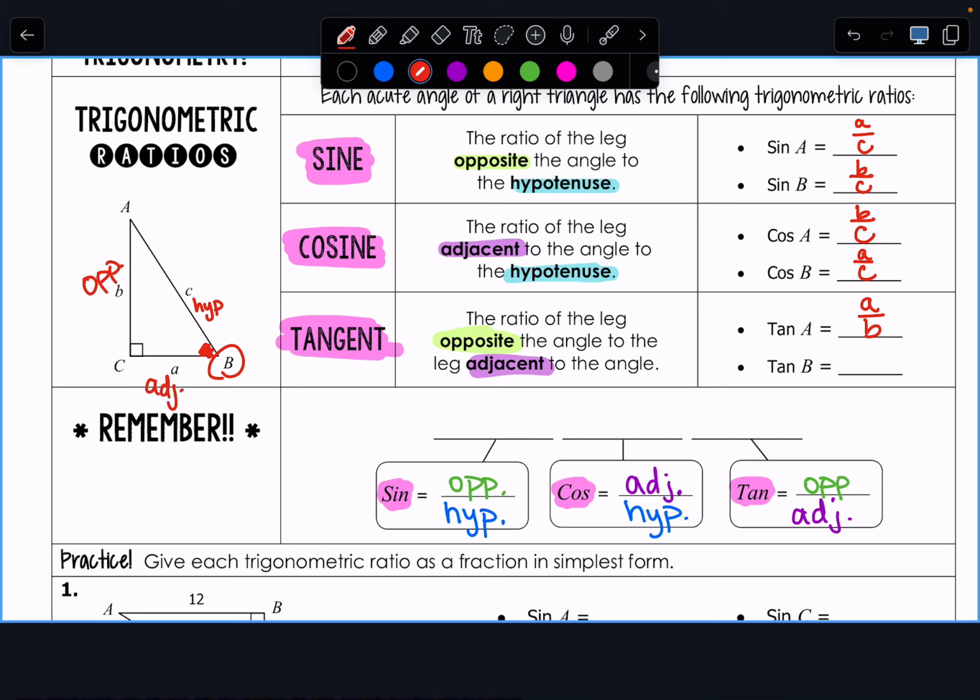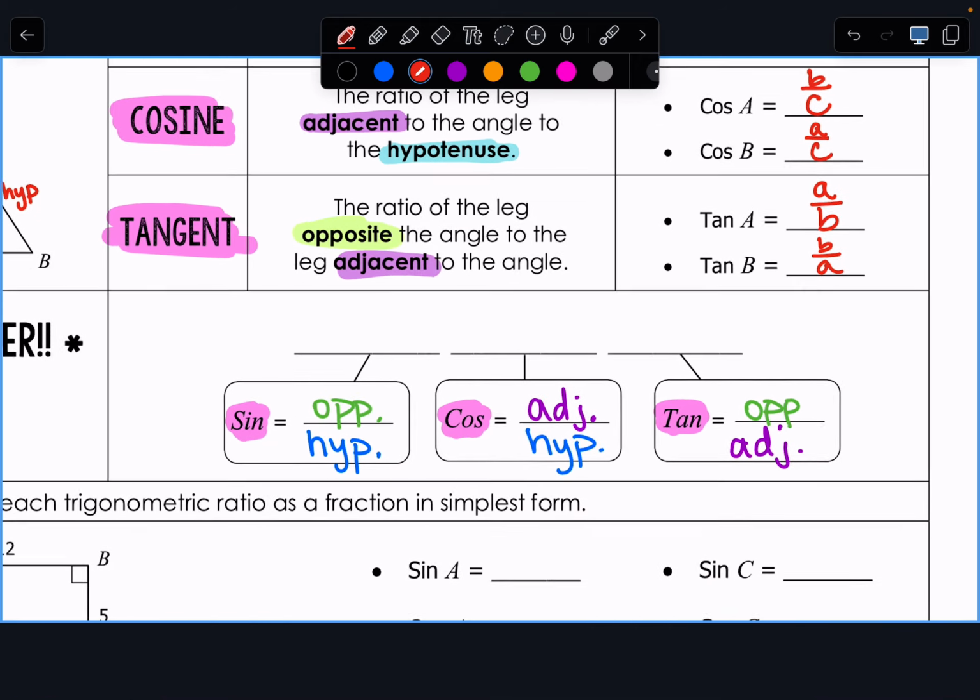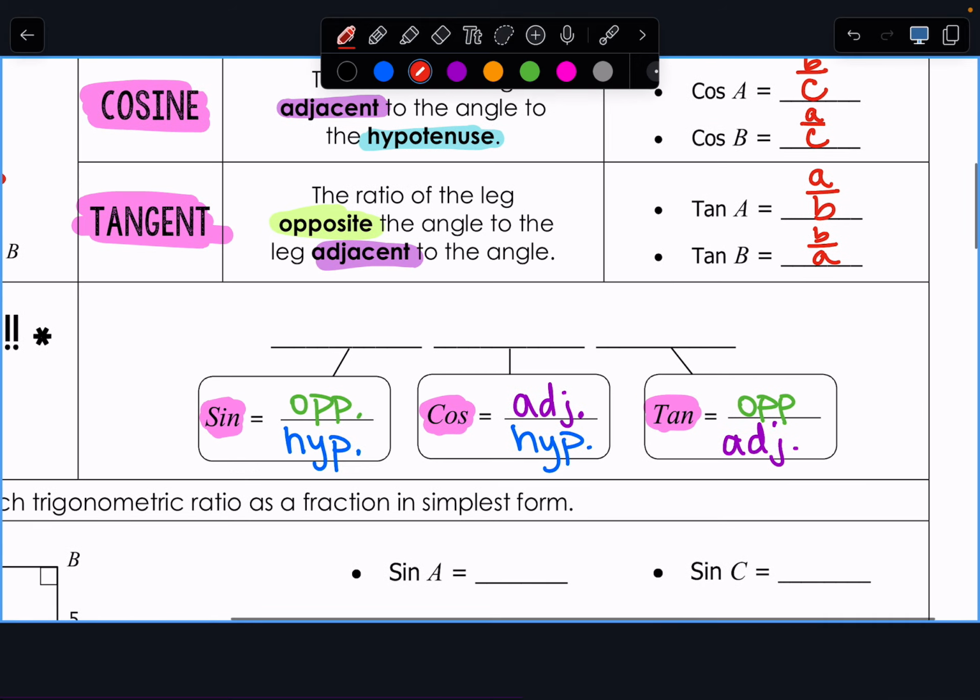Now some of you are a little bit worried. How am I going to keep this all straight? Which side goes where? I have something that honestly every teacher uses. There are some things that I say that maybe other teachers won't use, but every teacher uses this.